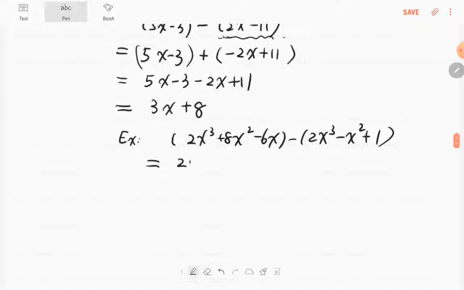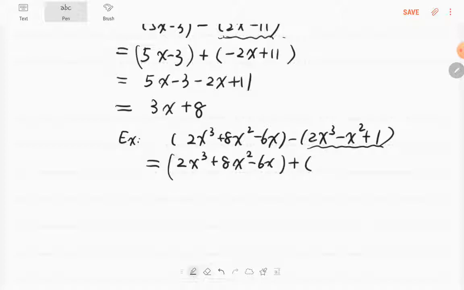So first, we find it's a subtraction problem. So first step, we will try to transfer our subtraction to be addition, right? So minus the polynomial in the parentheses equals plus the opposite of that polynomial. So here we just need to find the opposite coefficient of each term.